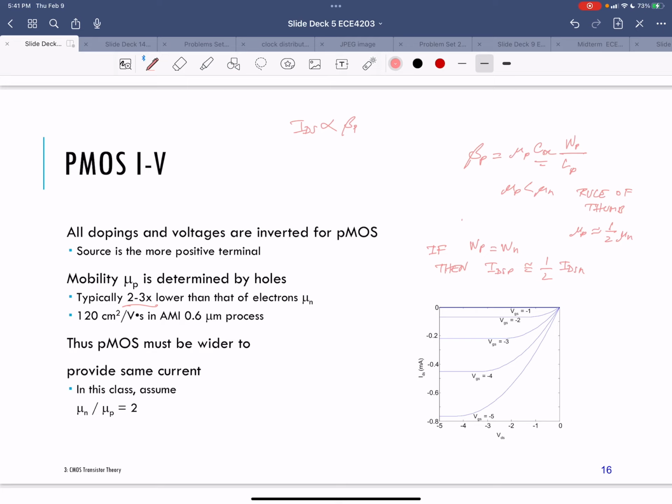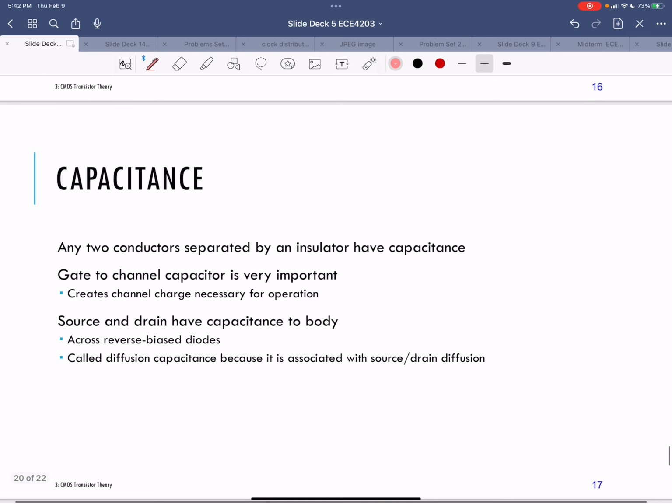It depends on the process, but it's a good assumption for the most part. And what it means is, as we'll see, typically in your circuits the width of your PMOS transistors are twice as wide as your NMOS transistors.